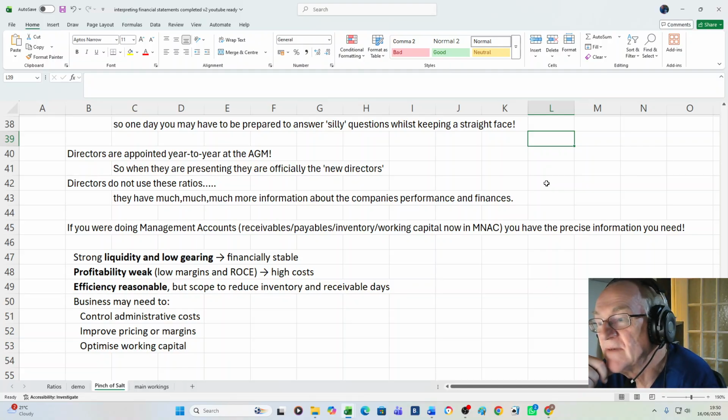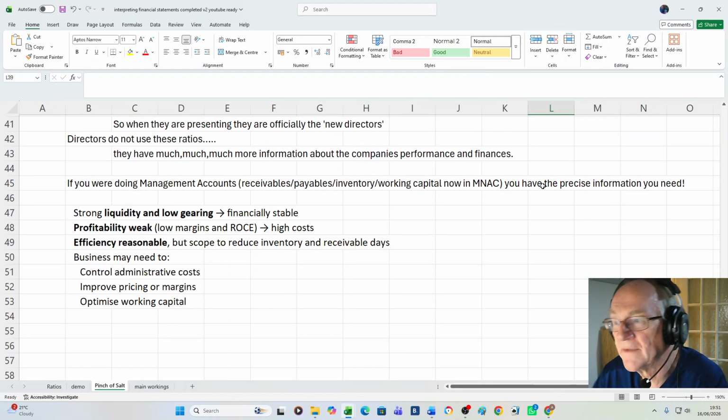I have seen students write answers about directors using the ratios. They don't use the ratios. They've got much more information about the company's performance and finances. They will have done the ratio calculations because they know the shareholders, or the banks if they were going for a loan, or suppliers if they're negotiating with a new supplier, will have sat on their calculators and done the ratio calculations. So they do have to know what they are and understand them.